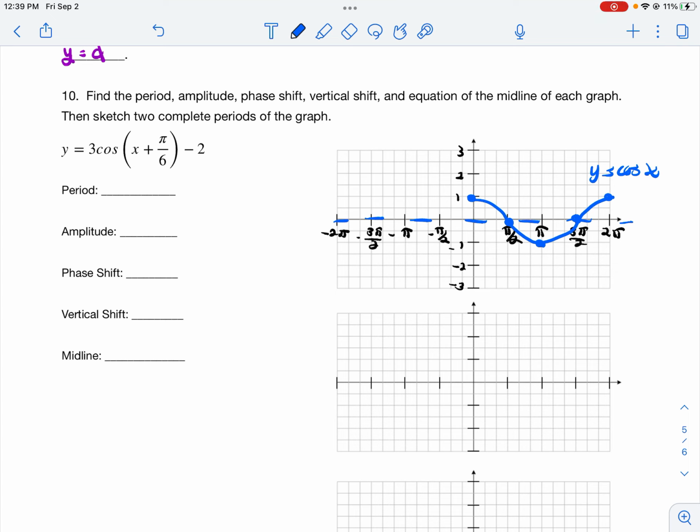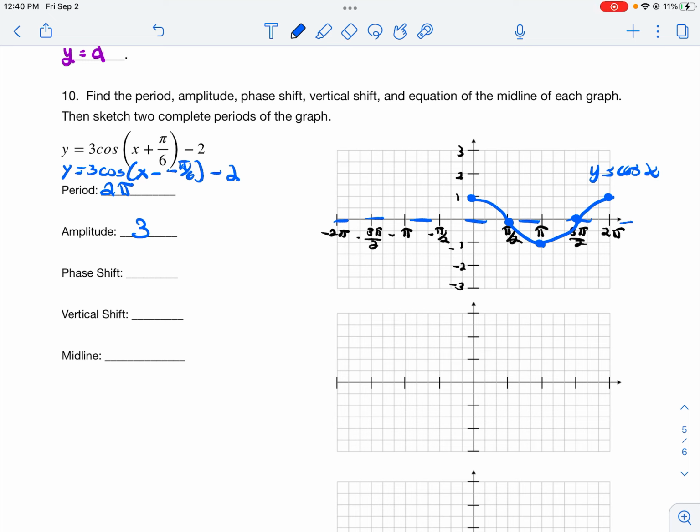All right, so looking at this, in order to get in the form I need, this would be y equals 3 cosine of x minus a negative pi over 6 minus 2. My period, b is 1, so that's still 2 pi. My amplitude is a, so that's 3.